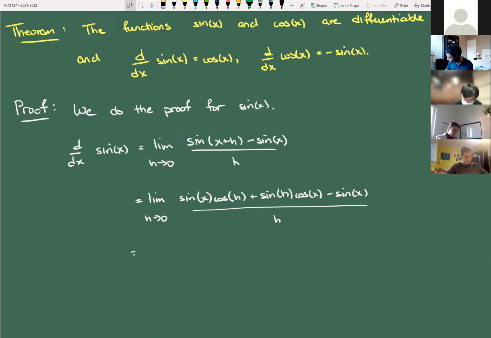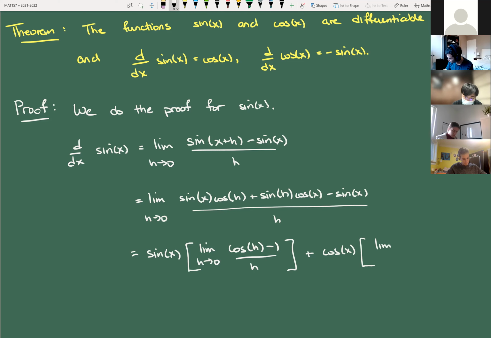Okay, and now what I can do is I can factor out a sine x. And again, I'm just going to immediately use the limit laws. And then we'll just check after to make sure that it was okay because all of the limits existed. So I'm going to get sine x times the limit of cos h minus 1 over h, plus cos x times the limit as h goes to 0 of sine h over h, like that, right?